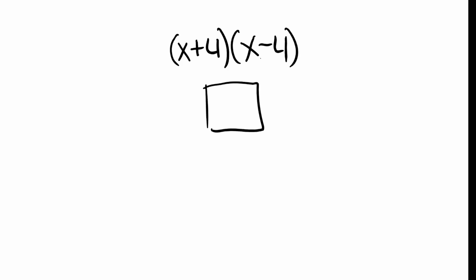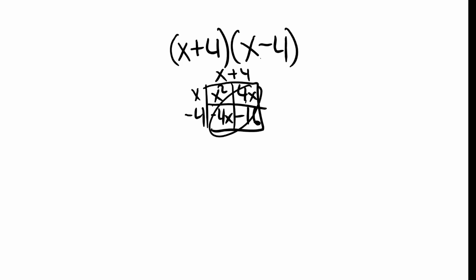the difference of squares. If I have x plus 4 times x minus 4, and I multiply these guys, x times x is x squared, 4 times x is 4x, x times negative 4 is negative 4x, and negative 4 times 4 is negative 16.